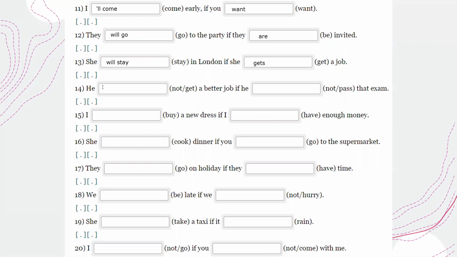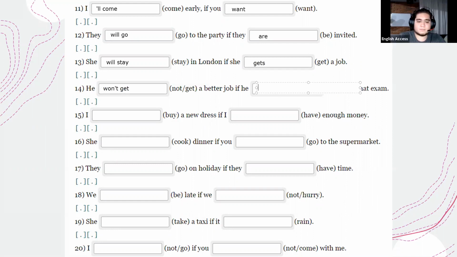He won't get a better job if he doesn't pass the exam. There it is. I get so frustrated when I miss click something. 15.